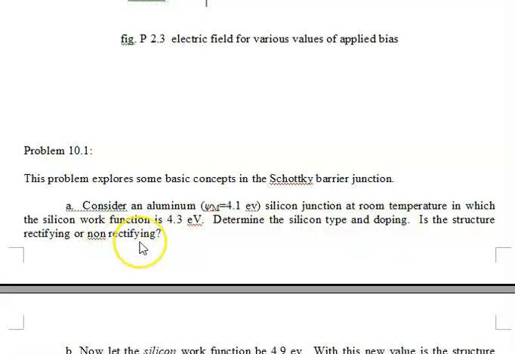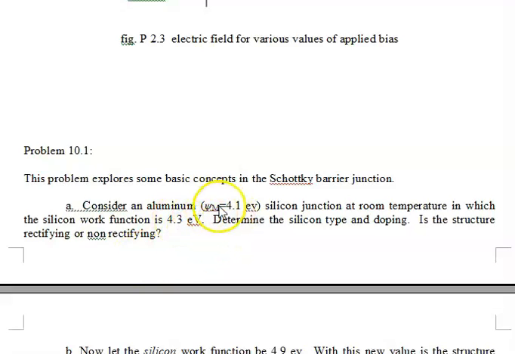Is the structure rectifying or non-rectifying? Let's try to answer that question first, because we know that in a rectifying junction, the silicon work function must be less than the metal work function. It means that the silicon Fermi level is higher up, so that electrons can flow from the silicon into the metal.